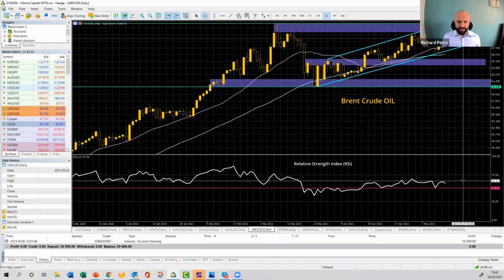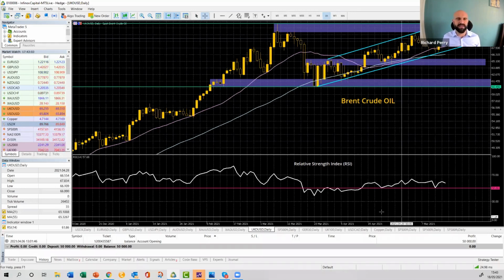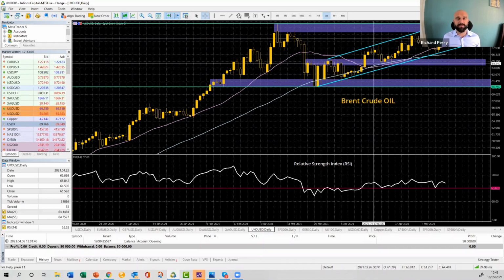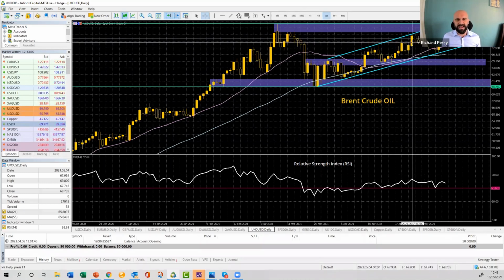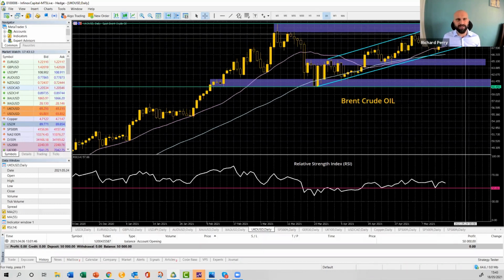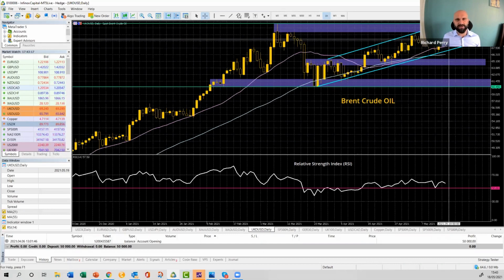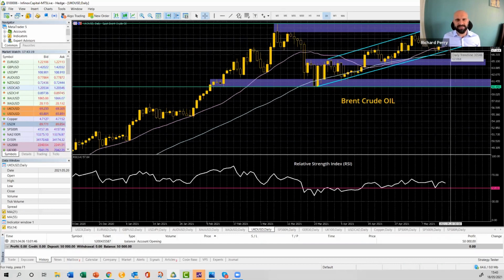It struggles around the 60 mark, so 50 to 60 is a mild positive bias, and you can see that within this uptrend channel. The other thing I wanted to say was that these candles don't really tell me that the market is going to be bursting higher, and it's hitting this resistance around 70 bucks and pulling back a little bit. You might see it retesting the channel lows again.